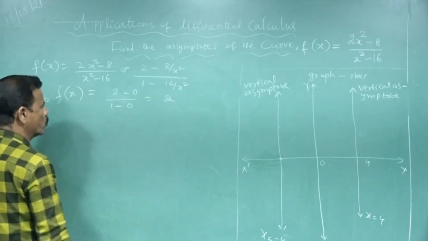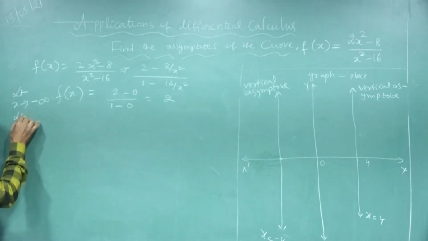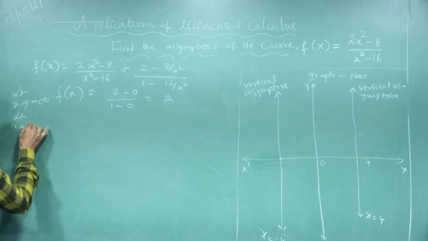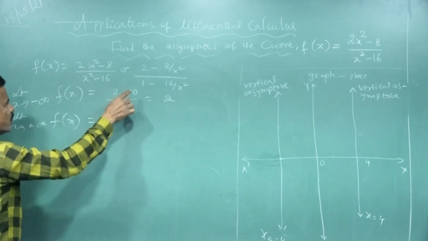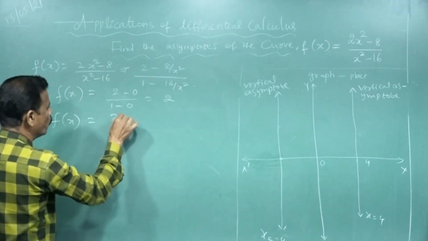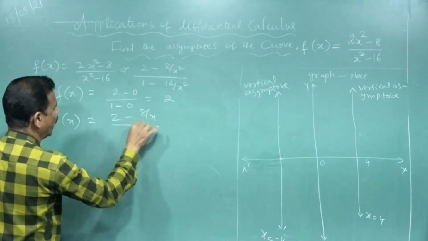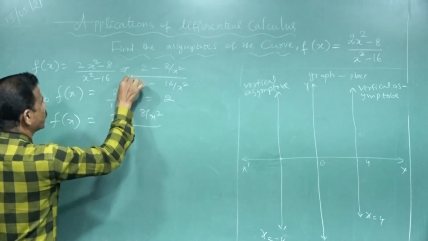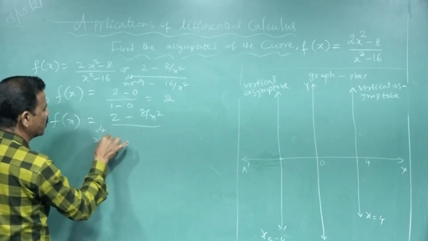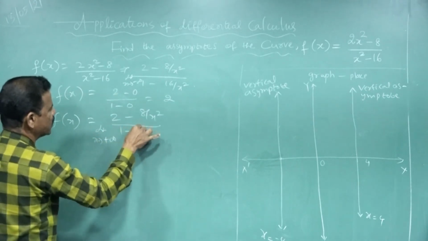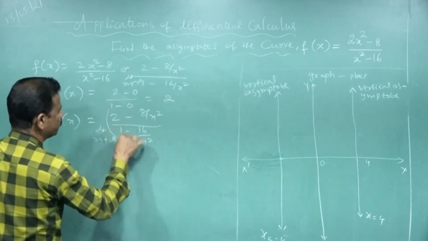So it is 2. If limit x tends to plus infinity, then f of x is equal to 2 minus 8 by x square over 1 minus 16 by x square.